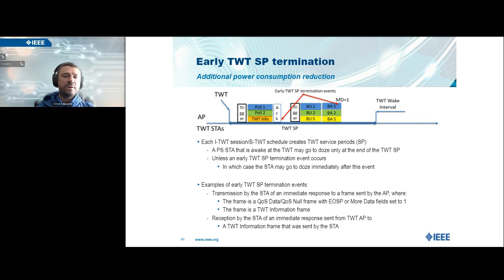The TWT information frame has a little bit more functionalities on top of the early TWT service period termination, and we will cover it in the next slide. But so, yeah, in general, there is a signaling from the access point to tell the station, you're good to go, we're done, you can sleep.